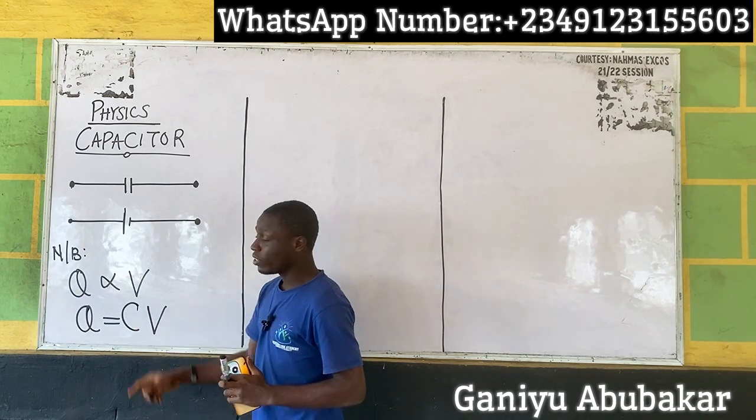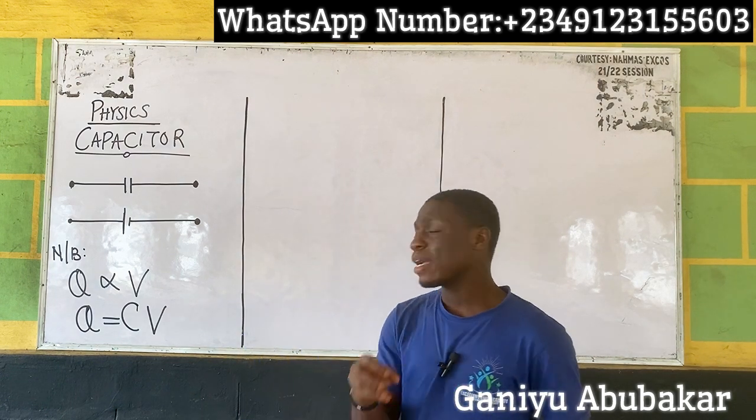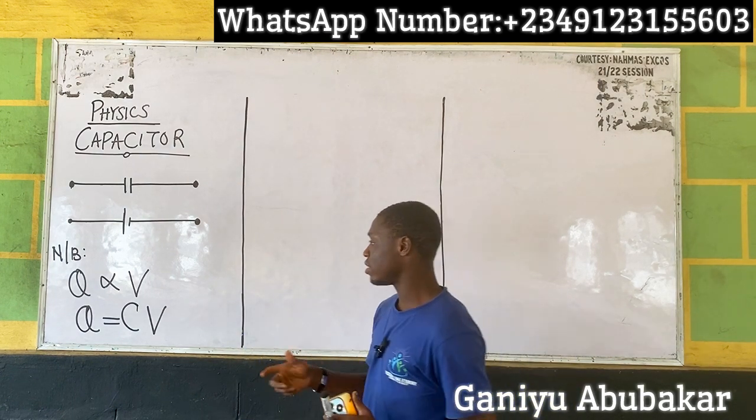What's C? C is called the constant of proportionality, known as the capacitance of a capacitor.